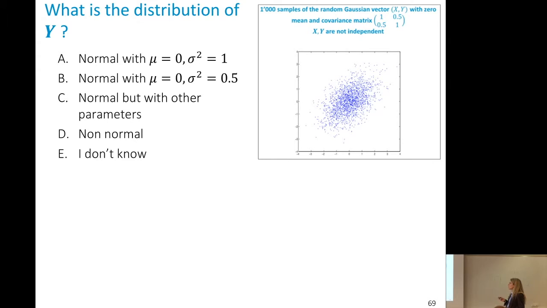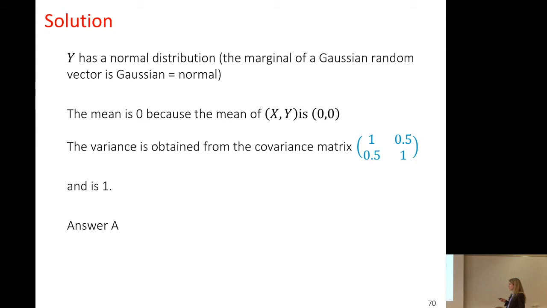So the marginal distribution of a Gaussian random vector is also Gaussian, so y will have a normal distribution. And the mean of the Gaussian vector is 0, 0, so the mean of y will be also 0. And the variance is obtained by the covariance matrix. So this is the variance of x, this is the variance of y, so it is 1. This is the covariance of x, y. Okay? So the answer is A.